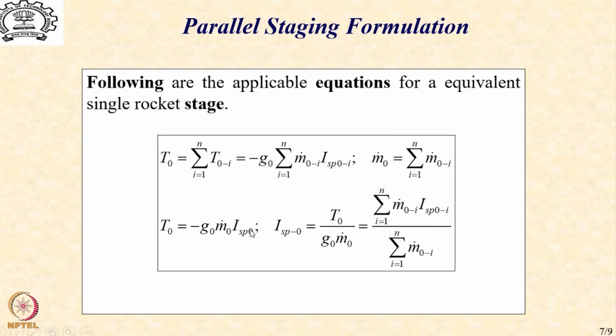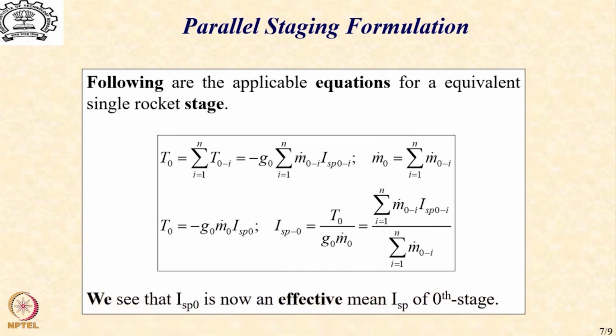Once we hypothesize the presence of ISP0, we can now define this ISP0 as the ratio of the total thrust generated divided by the total weight flow rate, that is m dot naught into g naught, and is nothing but the ratio of the total thrust divided by the total mass flow rate. And we see that this ISP0 is an effective mean ISP of the zeroth stage.